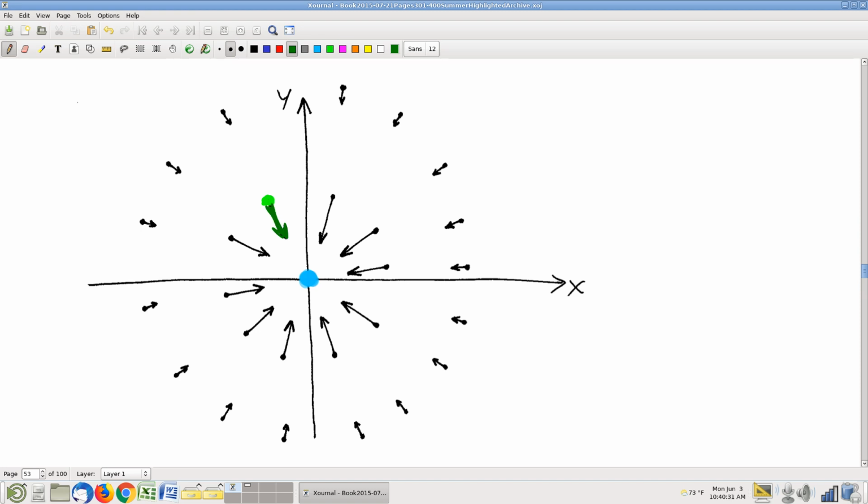So at that point we have that vector, and at this point we have this vector. Though coincidentally those have the same magnitudes, they're different vectors. Because they're in different locations, those forces are pointing different directions. Okay. Likewise, at that point, we have a different direction and a different magnitude of force vector.